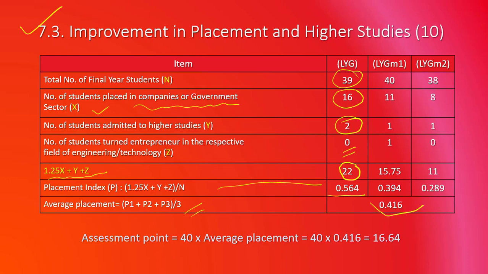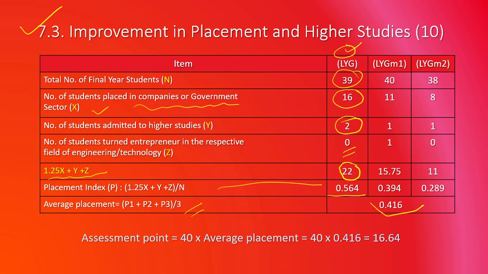This table shows the calculation for improvement in placement and higher studies. Marks are awarded proportionately, taking the current assessment year minus 3 as the base year and reference. This is the base year, so this is the last year graduate.